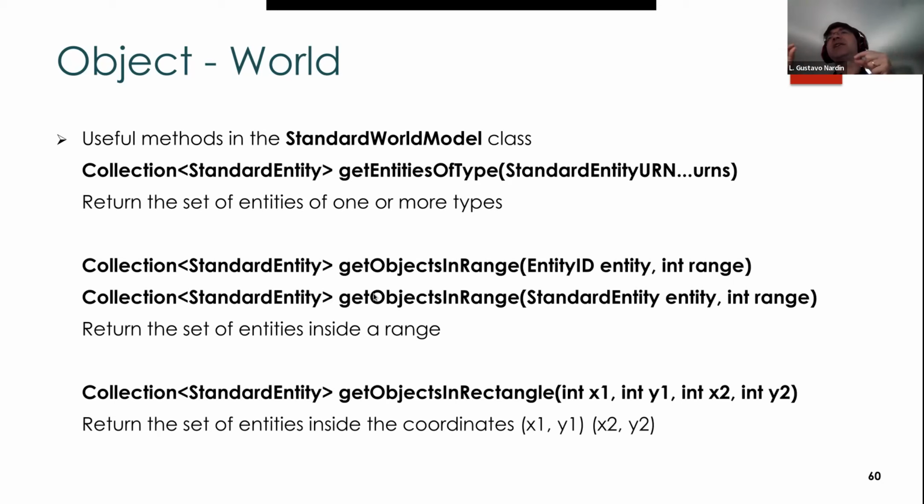You can specify the range in distance, and it will return all the objects or all the agents in that range. The range will give you a circle, or you can also specify a rectangle by giving the XY initial position and XY final position.